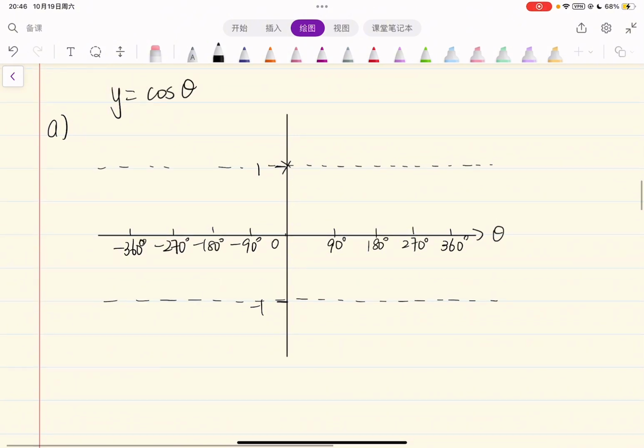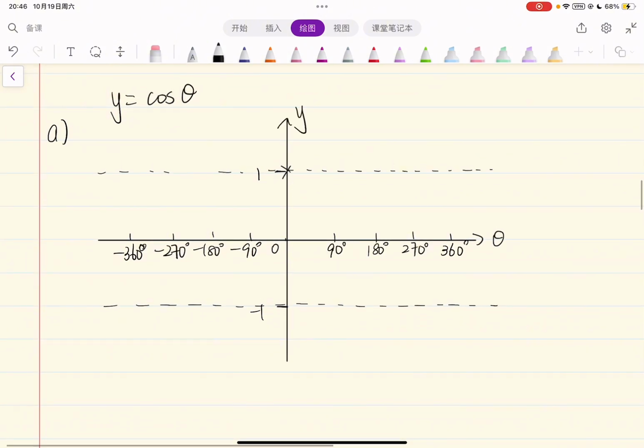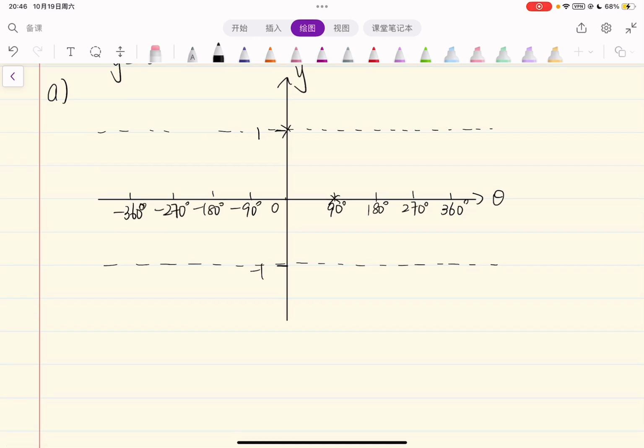So remember that when theta equals 0, y equals 1. And then the wave should go down, which means at 90 degrees y equals 0, when theta equals 180, that means at minus 1, 270 degrees, y equals 0, 360 degrees, y equals 1. Now for the negative theta, minus 90 degrees, y equals 0.